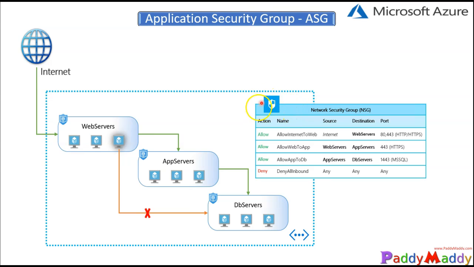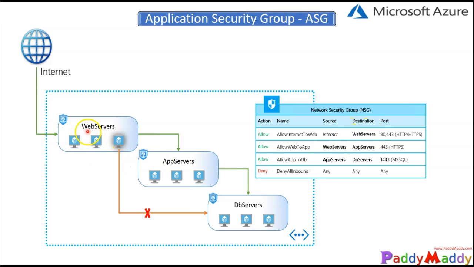On top of it, you have an NSG configured, and also you have different servers within this VNet, like web servers, application, and database servers. So definitely the NSG will have different rules. Normally in an NSG you might configure an IP address or some kind of source. But here, if you see, the application's destination is web servers.